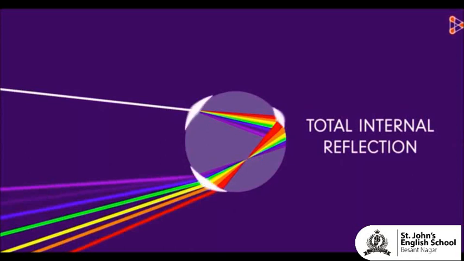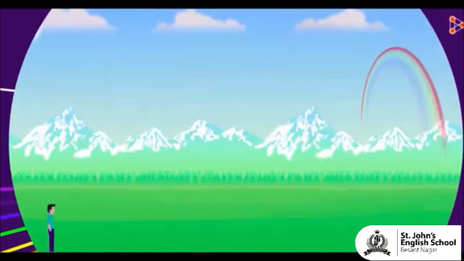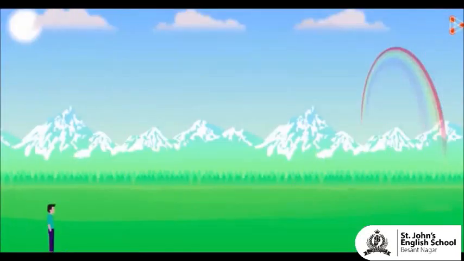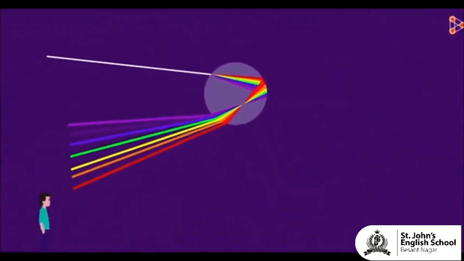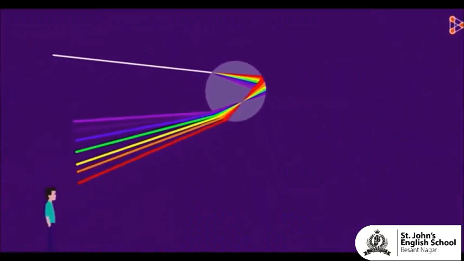So the rainbow is formed due to first refraction and dispersion, then total internal reflection, and then again refraction and dispersion. So these 3 processes, refraction, total internal reflection and dispersion, are involved in the formation of a rainbow.